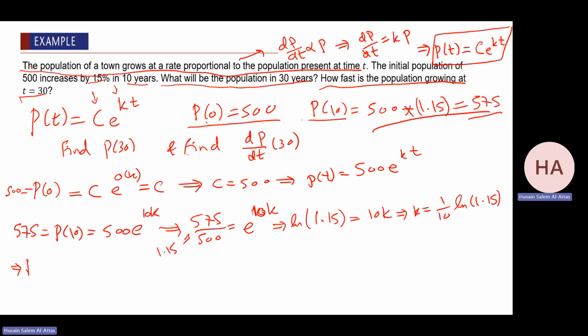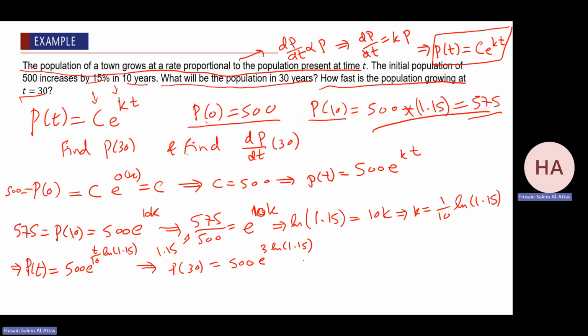That means P of t is 500 e^((t/10) ln 1.15). Now what he wants is P at 30, so just substitute t equal 30: 500 e^((30/10) ln 1.15), which is 500 e^(3 ln 1.15), which is 500 e to the power ln 1.15 cubed.